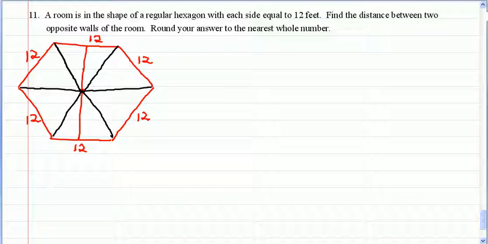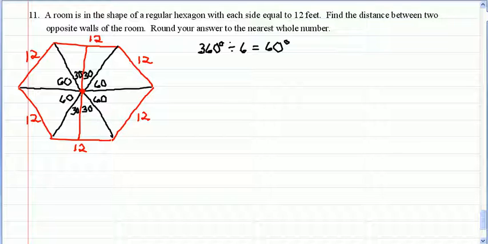So since I formed 6 triangles, and we know that there are 360 degrees in a circle, 360 divided by 6 is equal to 60 degrees. So that means that I have 60 degrees here, 60, and then because this red line bisects it, we have 30, 30, and then 2 30s down here.